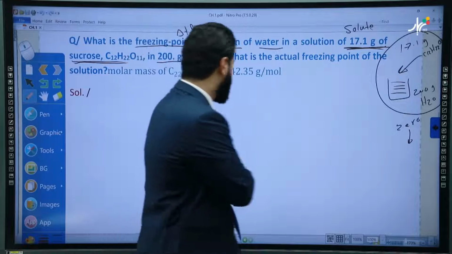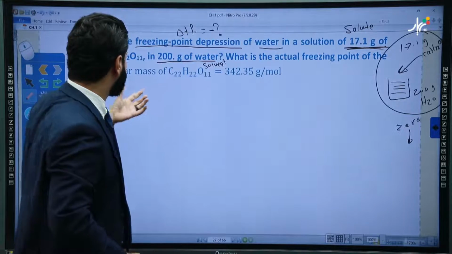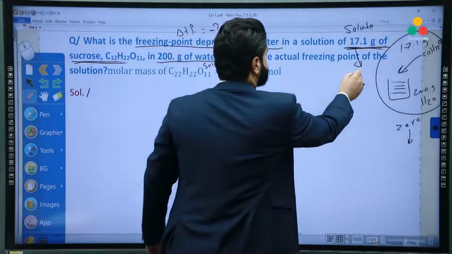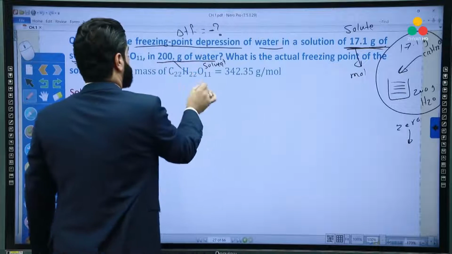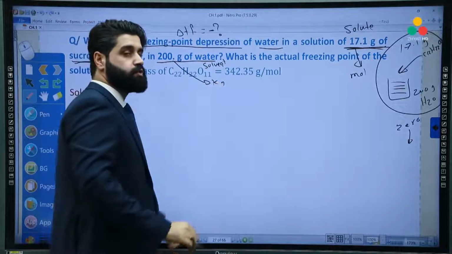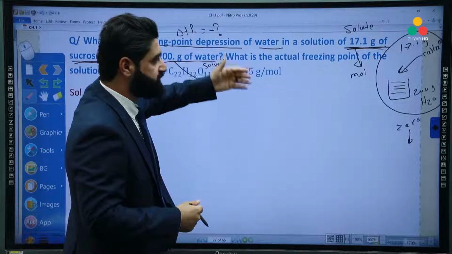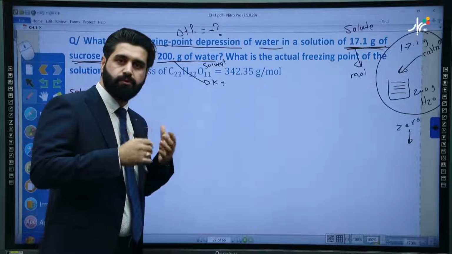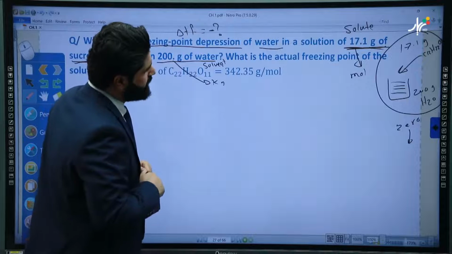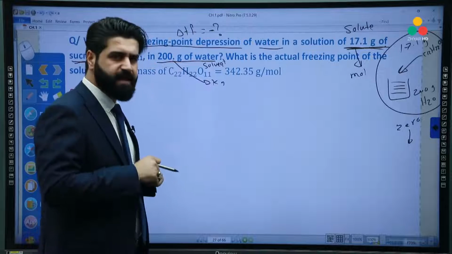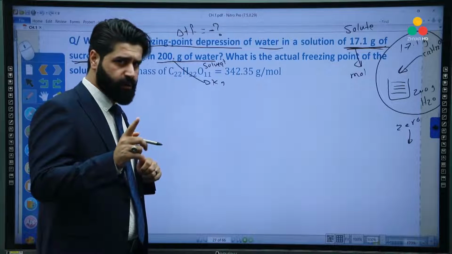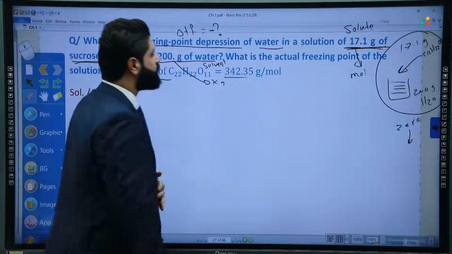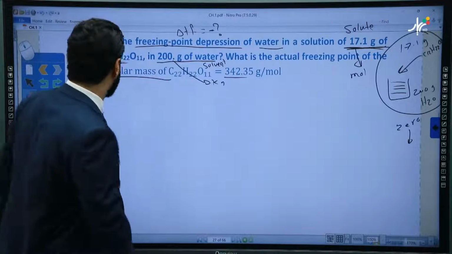Well, dear student, it's a kind of challenging question. You have to turn this one into moles and this one into kilograms. So there will be two conversions: turning 17.1 grams into moles and turning 200 grams into kilograms. But in order to get the number of moles, we need other information. You know what? Molar mass. So the molar mass is 342.35 grams for sucrose.